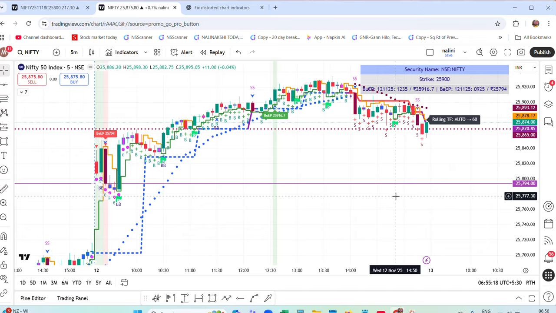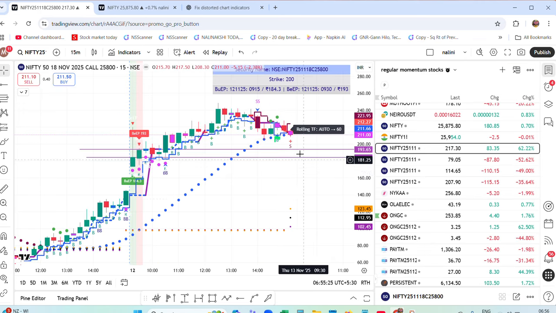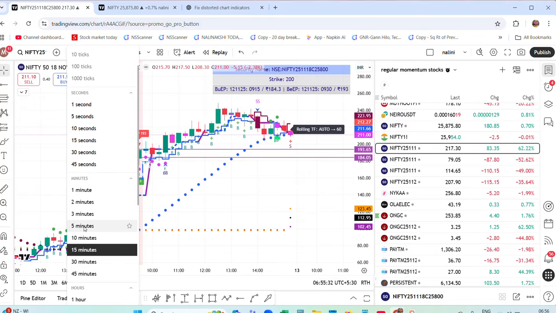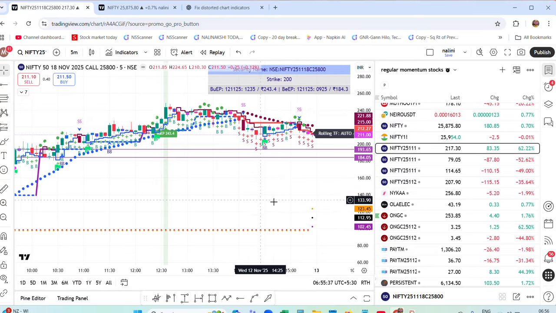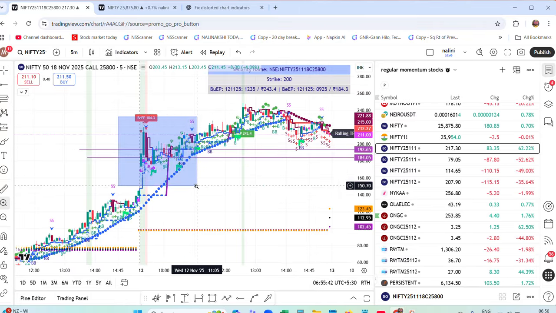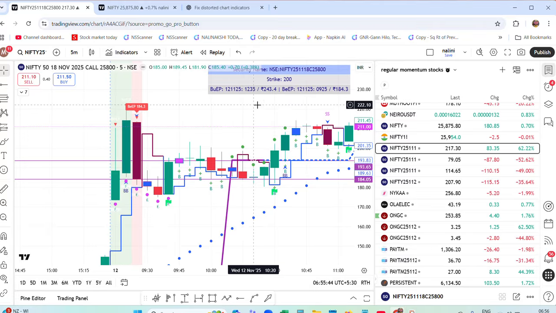What you need to do is go to the call option and mark down on an hourly. It will tell you. Let us go to the hourly or 5 minutes. This episodic pivot has been plotted. It is saying 243 is the bullish level because it had gone to that level.